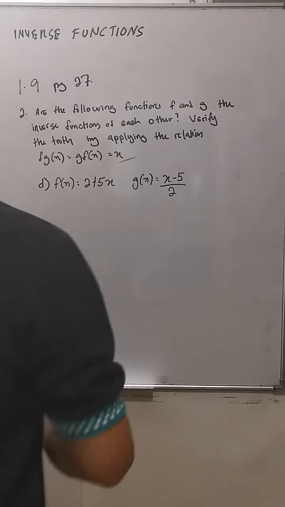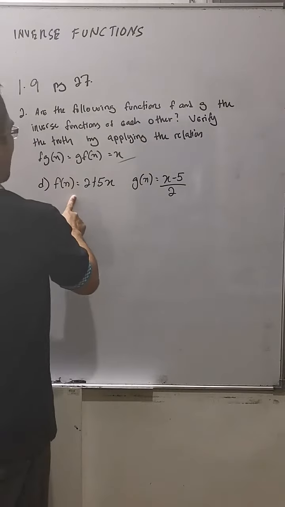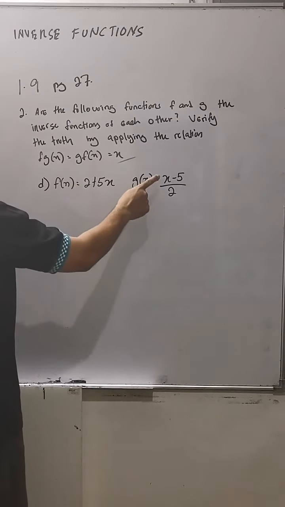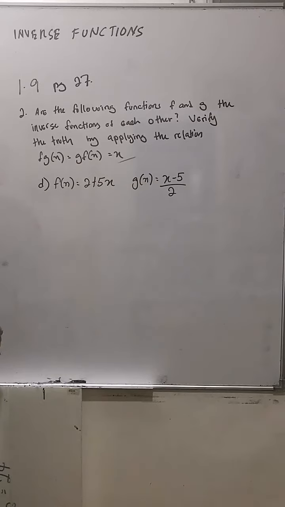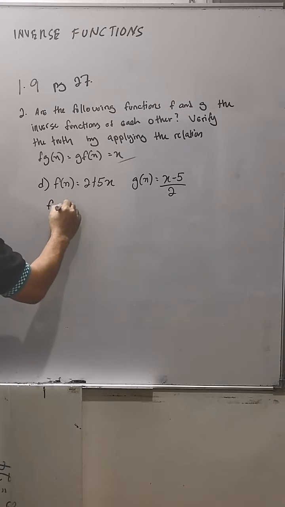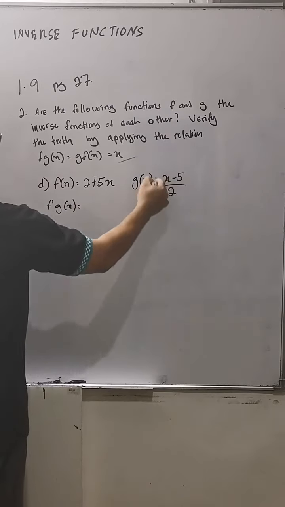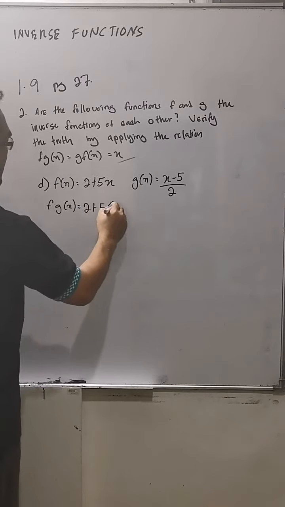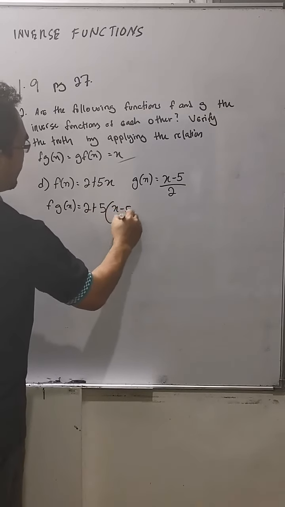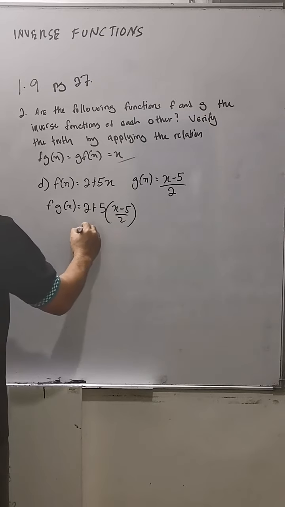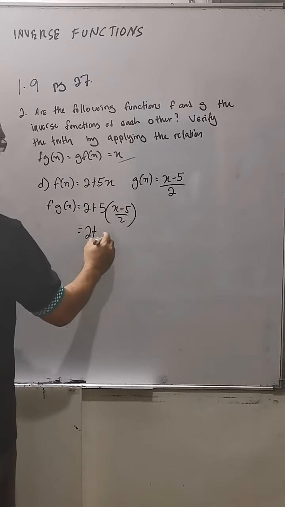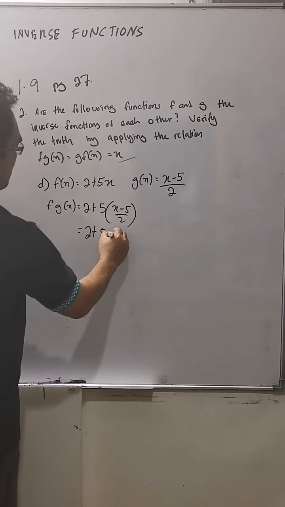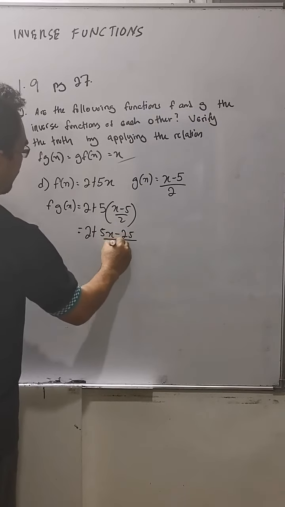Okay, to D, test whether f is the inverse of g and whether g is the inverse of f, using f(g(x)) equals g(f(x)) equals x. So here we have f(g(x)) will be, replace the whole thing here, 2 plus 5 times (x minus 5 over 2). So 2 plus 5x minus 25 over 2.